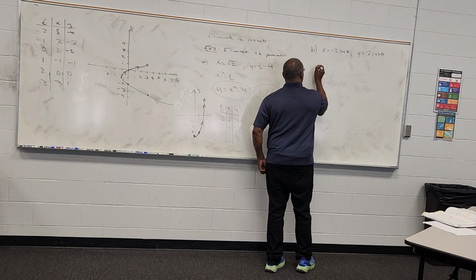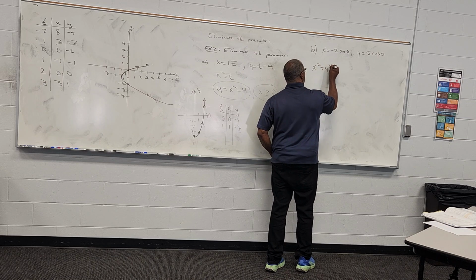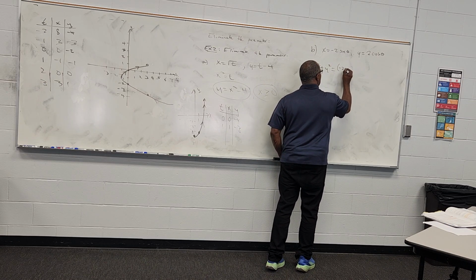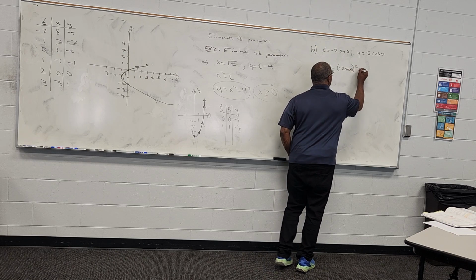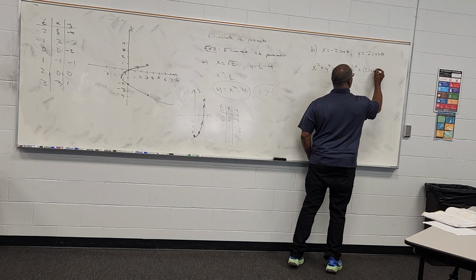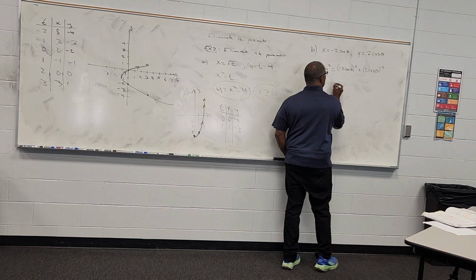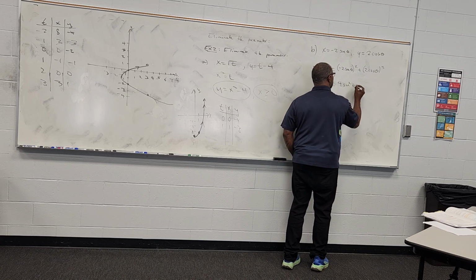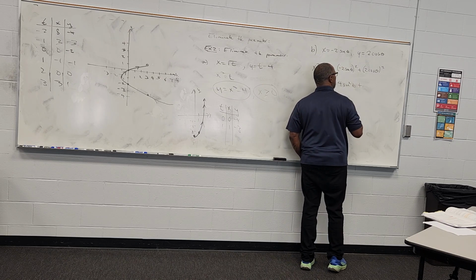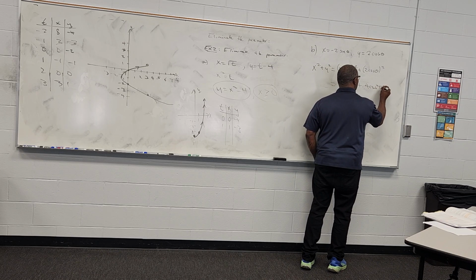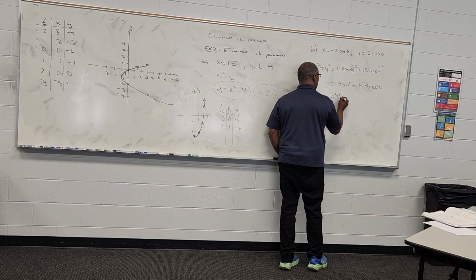Well, these are trig functions. What if I did x squared plus y squared? That means x gets squared, the y gets squared. But -2 sine theta squared becomes 4 sine squared theta, plus 2 cosine theta squared becomes 4 cosine squared theta.